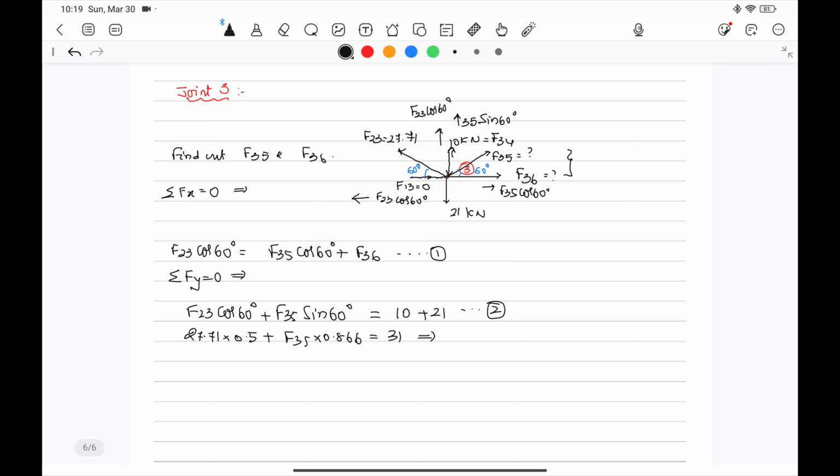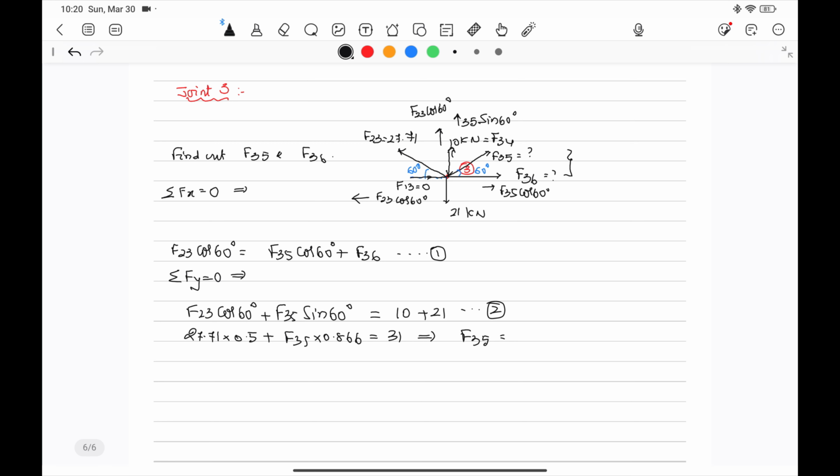That implies F35 is equal to 31 minus 0.5 into 27.71, divided by, not cos, it is sin 60.